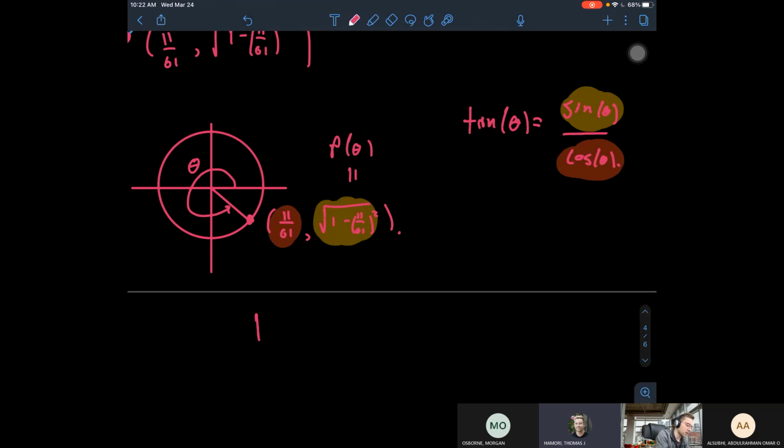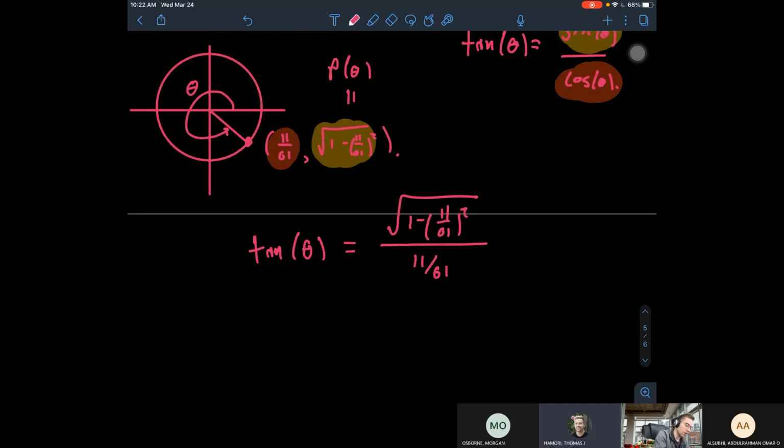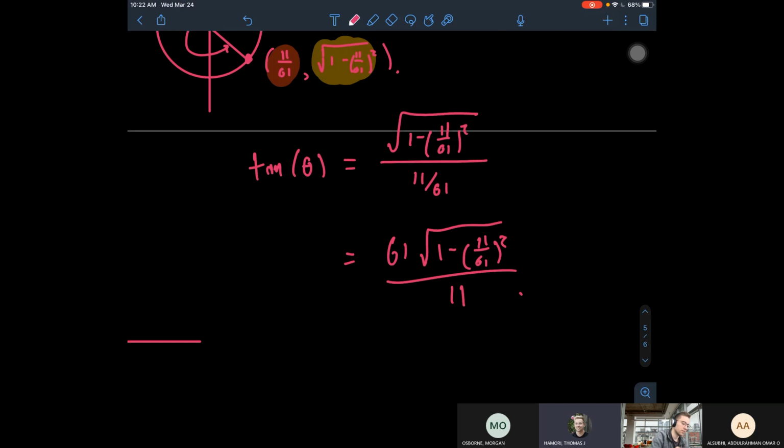So if we want to know the tangent, it's going to be the square root of 1 minus 11 over 61 squared divided by 11 over 61. Or if you want to simplify, you get 61 square root of 1 minus 11 over 61 squared all over 11. Okay.